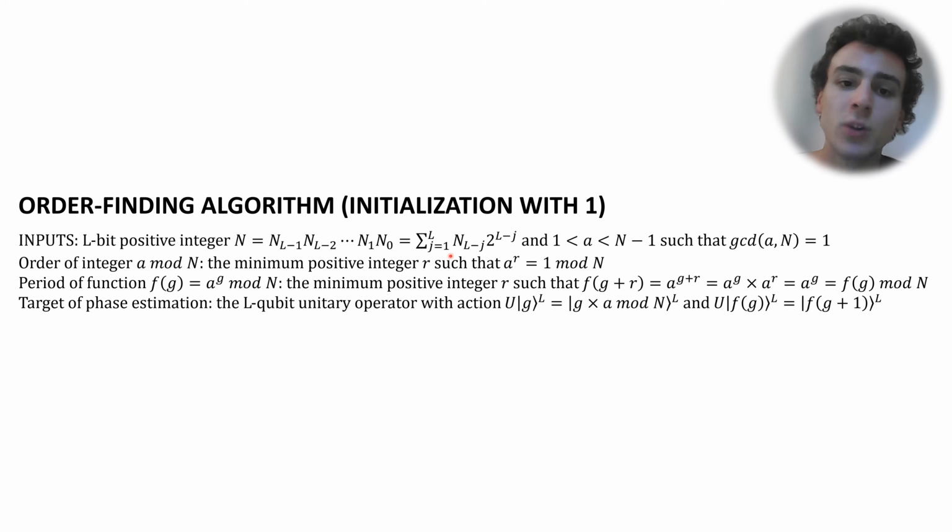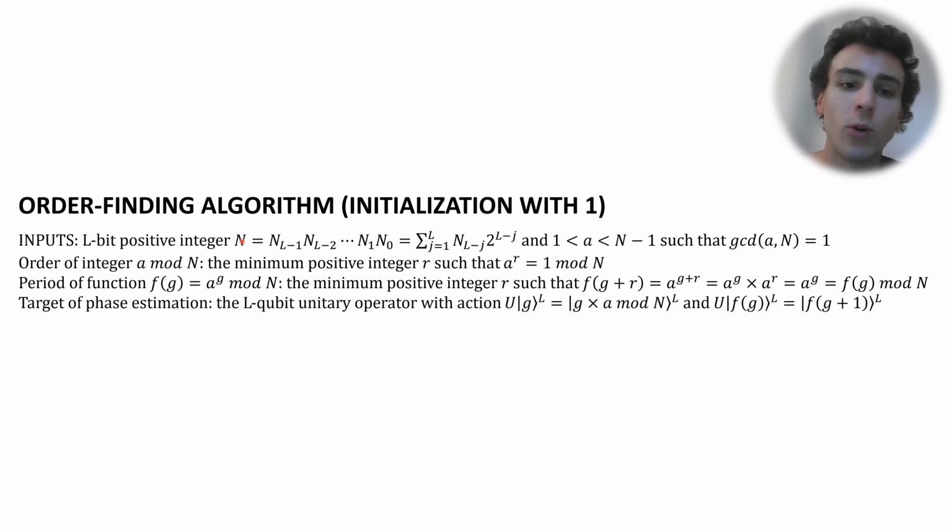When j is equal to 1, then we're going to be dealing with L minus 1 in this subscript. And that corresponds to the leftmost bit. So this leftmost bit over here, it is going to get multiplied by 2 to the power of L minus 1. So that is the highest power of 2 present in this sum.